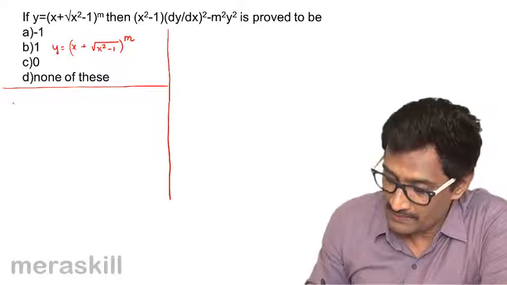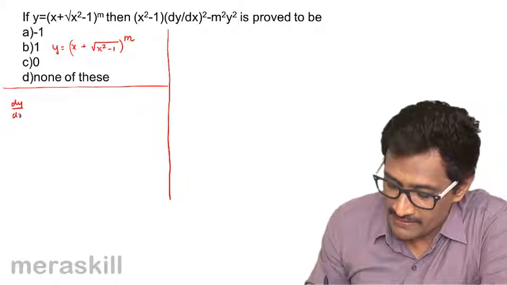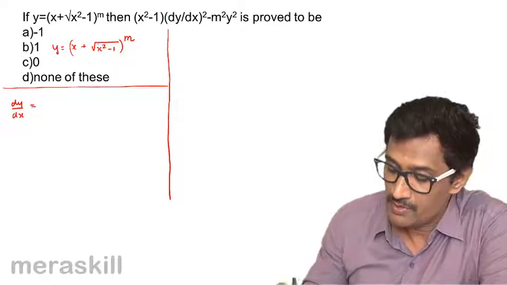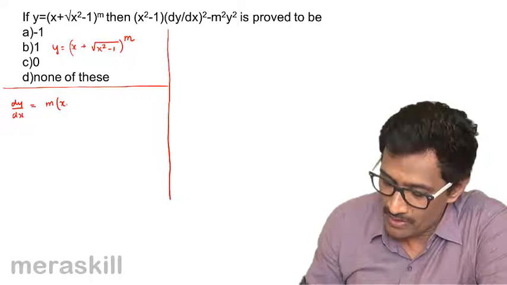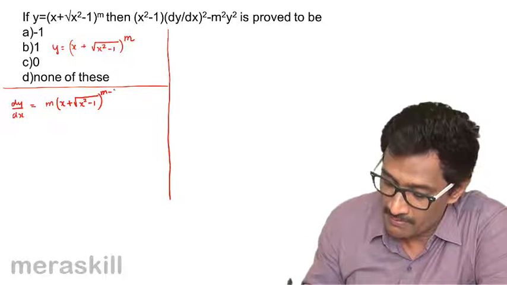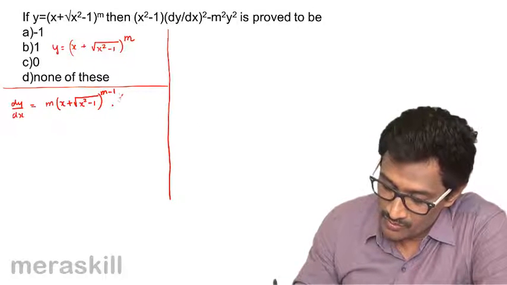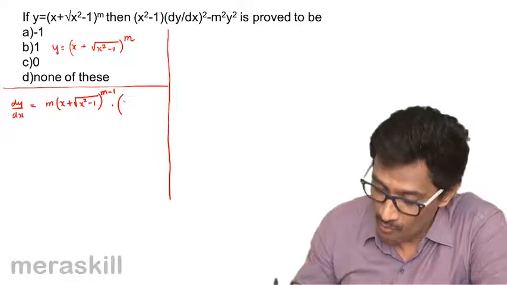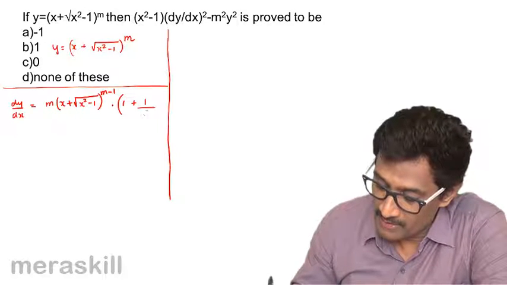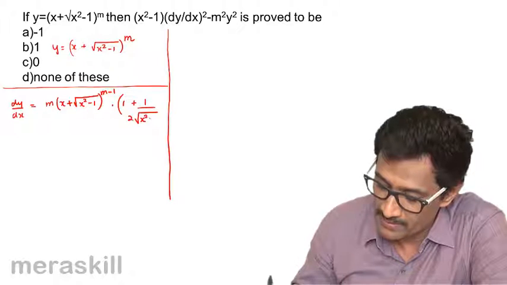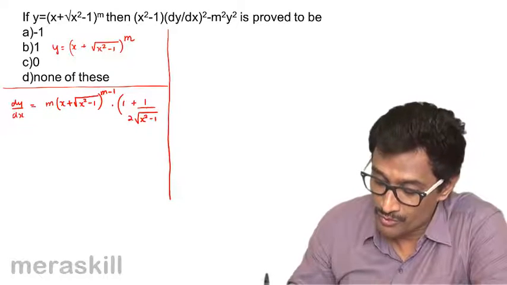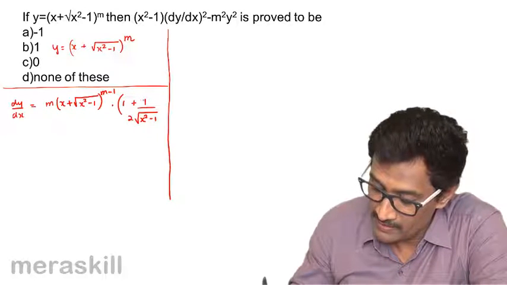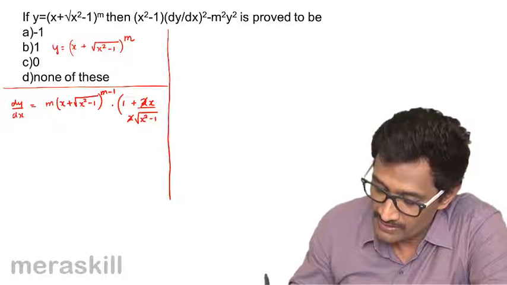So now, hence, dy by dx is equal to m into x plus root x square minus 1 raised to m minus 1 into the derivative of this, so 1 plus 1 upon 2 root x square minus 1, that is u raised to half, so 1 upon 2 root u, and then the derivative of x square minus 1, that is 2x, so this gets cancelled.